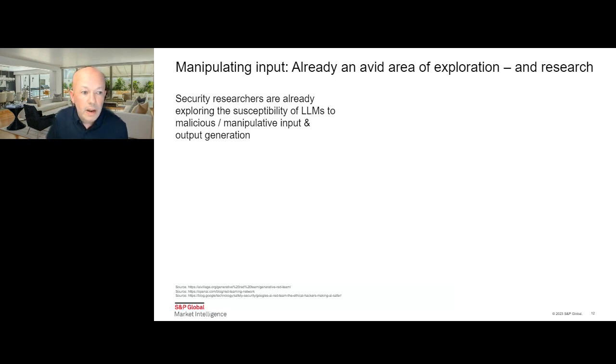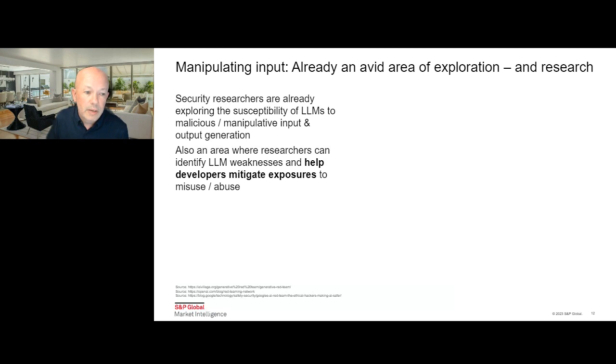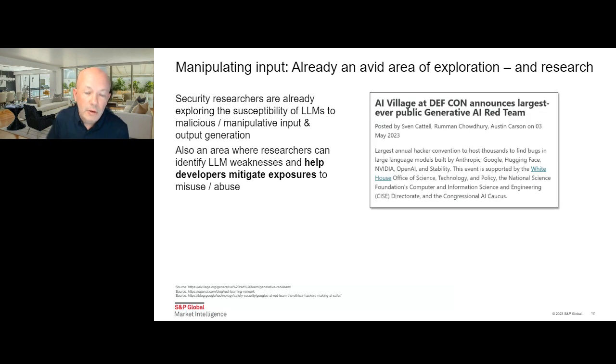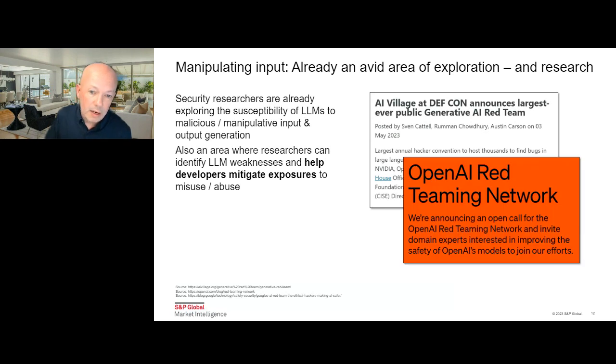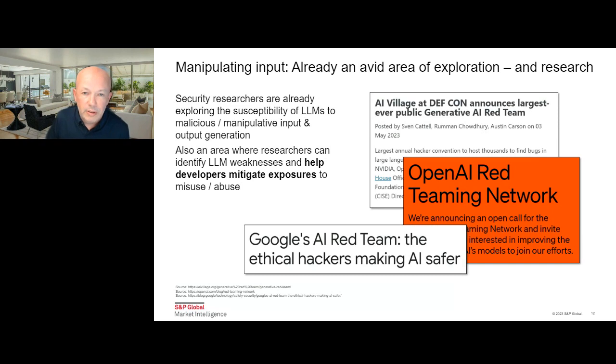And this is an area where researchers can help identify weaknesses and developers mitigate exposures. I'm sure you're aware of the DEF CON challenge that happened in the summer, and then OpenAI is talking about red teaming, and then Google's red team as well. So there's a lot of activity here. There's a lot of concern that, with DEF CON, we were not going to find out the full results of the challenge, I don't think, until February, but there was a lot of interest in that.